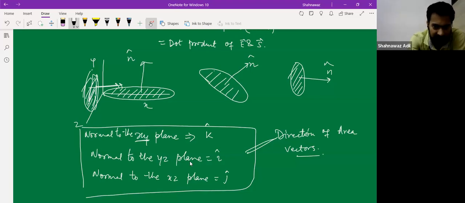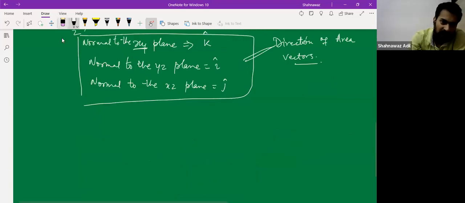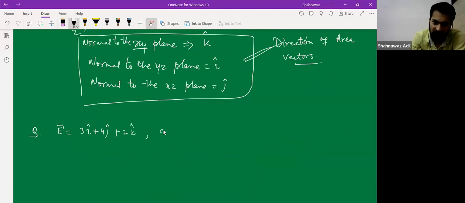Let's say in one question they are asking that your electric field is 3i plus 4j plus 2k hat, right? And your surface area is 2i plus 3j plus 4k, right?